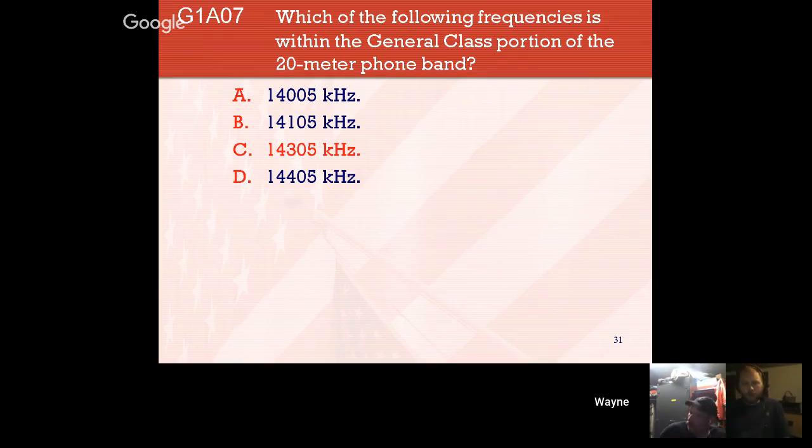Something to note here, D is wrong because the upper limit of the 20-meter band is 14,350. So answer D was grossly wrong, and A and B are kind of down there in the CW portion.